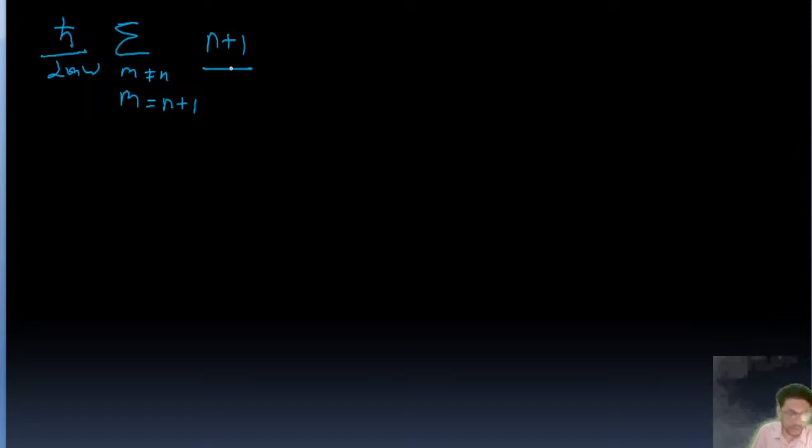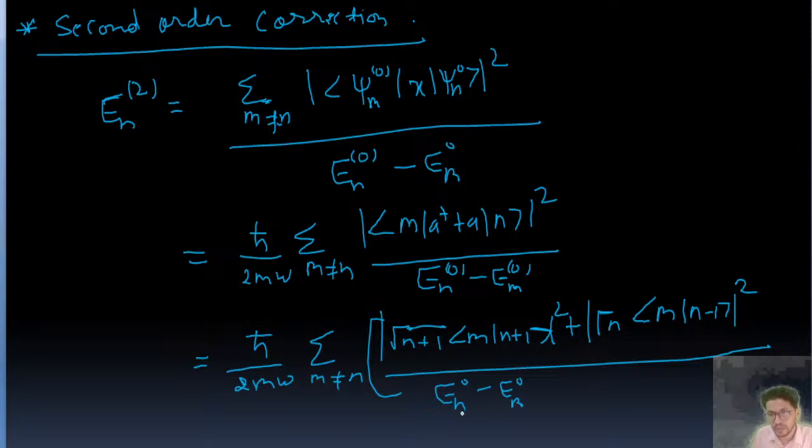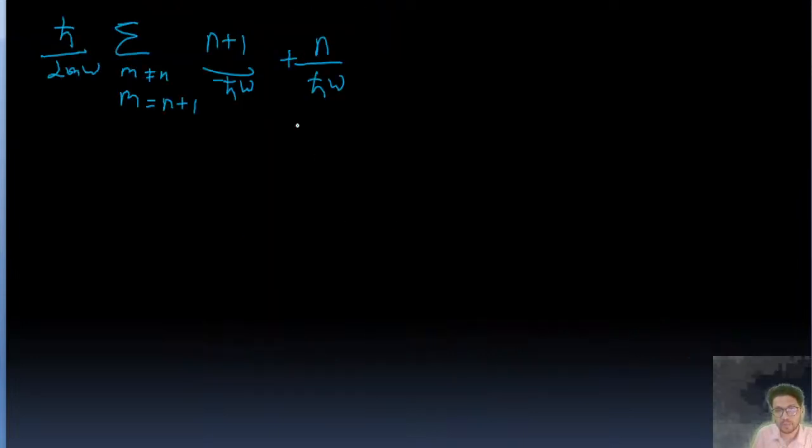So this is going to be n plus 1 upon minus h cut omega, plus n upon h cut omega. How? Here in place of m we have put n plus 1, right? So n plus 1 is higher energy, so this is minus, right? The difference is going to be minus h cut omega, right?